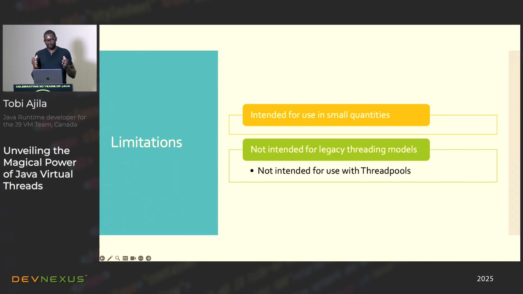However, if you make a lot, then you exhaust the cache, and then you have to walk all the way up. There is an option to expand the size of the cache, but that also means you have to sacrifice memory usage. And again, they're not intended for legacy threading models. So if you're using a thread pool, this is not a mechanism that's suitable for that.